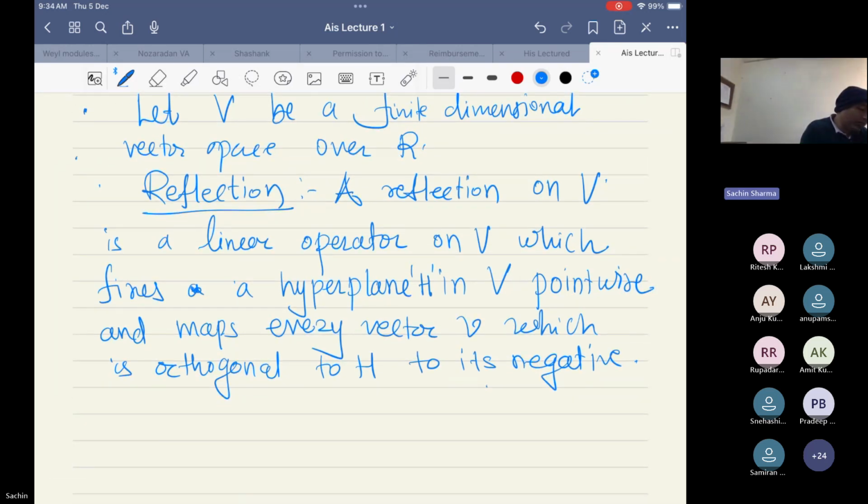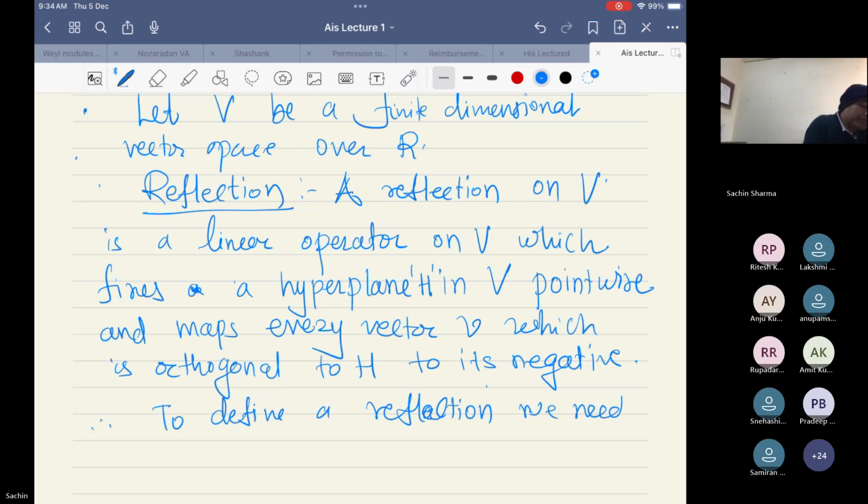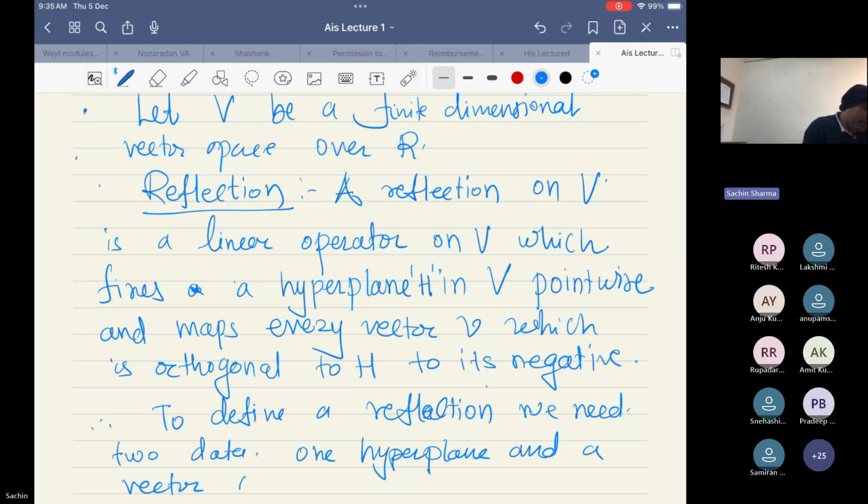So to define a reflection, we need two data: one hyperplane and a vector orthogonal to it.